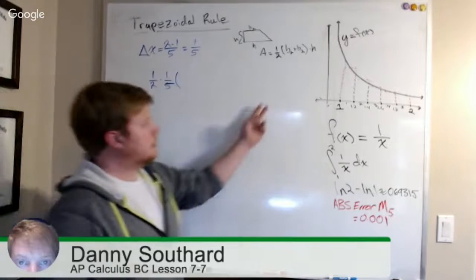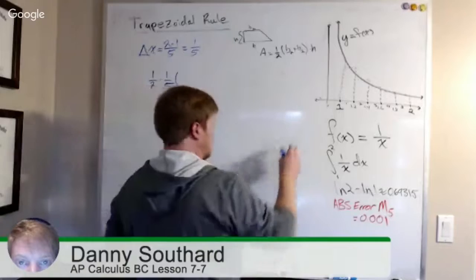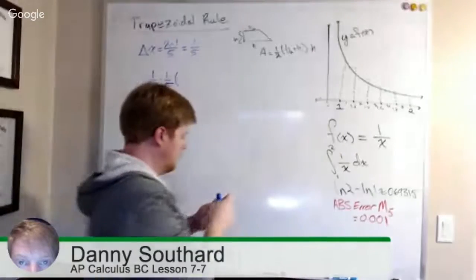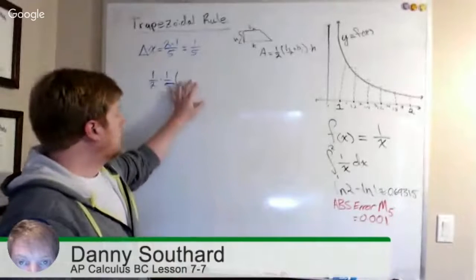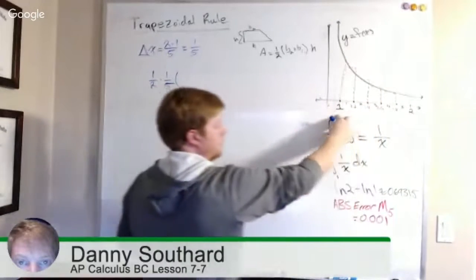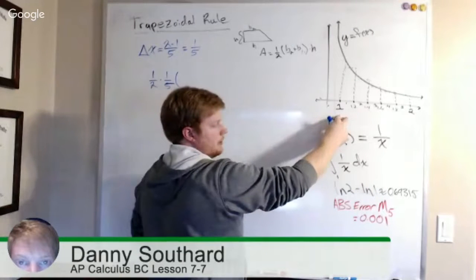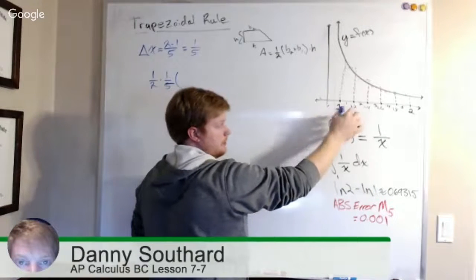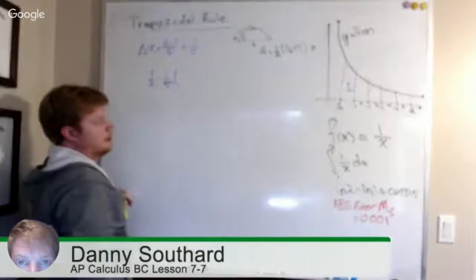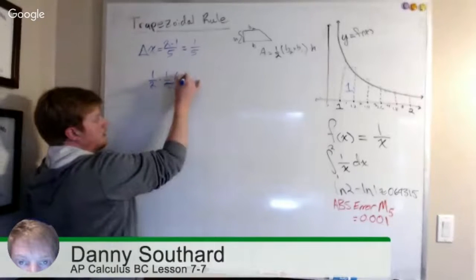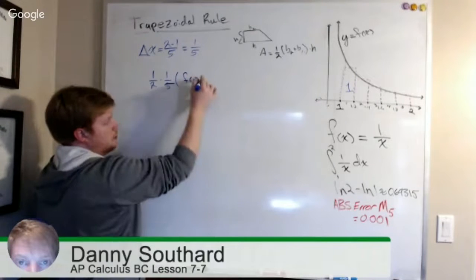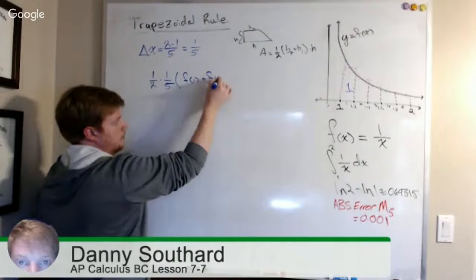Now what I have to do is add up, oops, it says B1 or B2, we want B2, B1. I need the sum of the bases of this trapezoid. Okay. So the bases for this trapezoid, trapezoid number 1, the large base is going to be f of 1, and the shorter base is going to be f of 1.2.